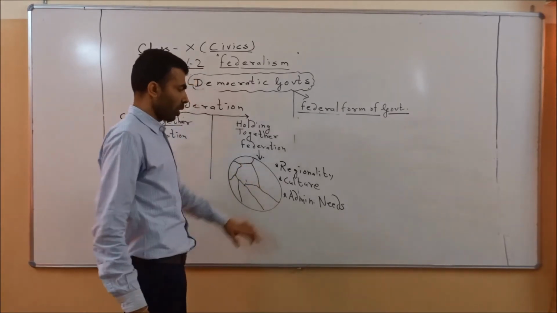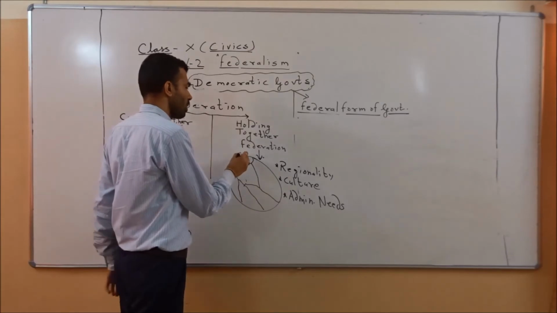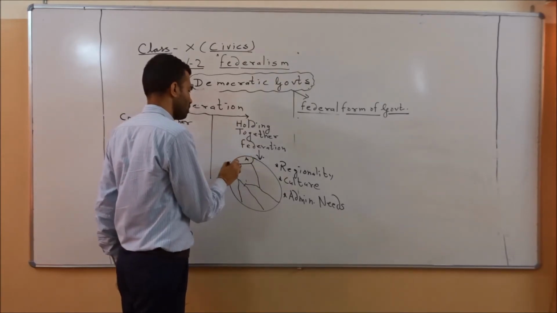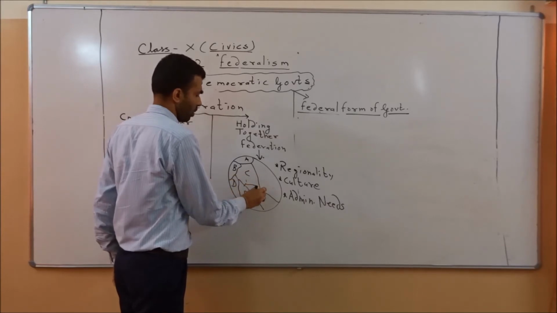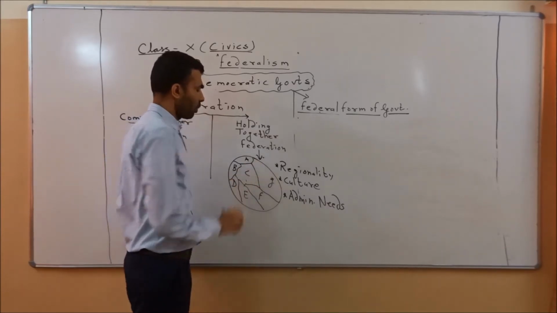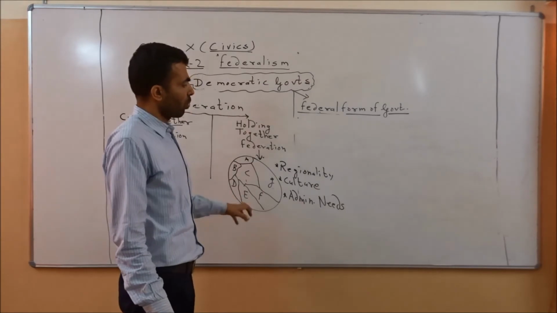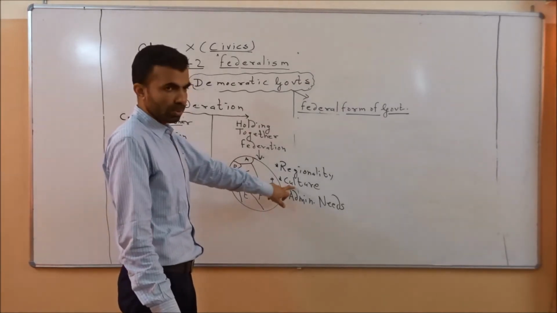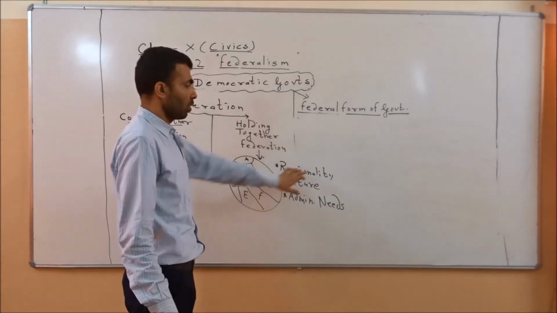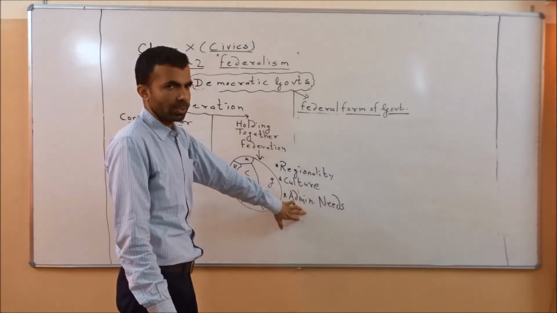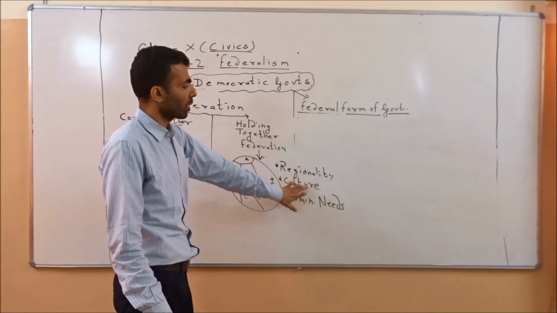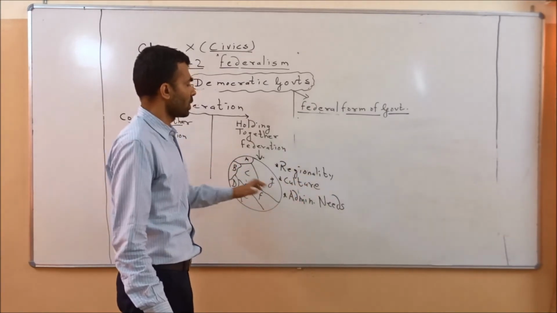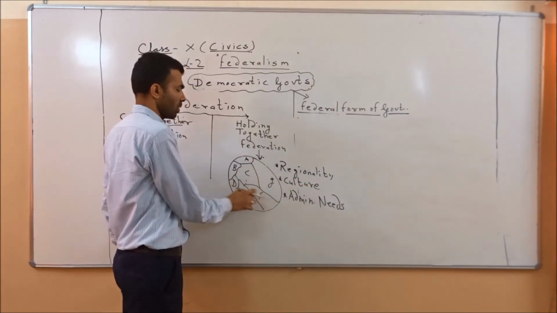A bigger nation has divided itself into smaller states. Why has it done so? Because it wants to accommodate culture, language, regionality, or admin needs. So keeping these factors in mind, a bigger nation divides itself into a number of smaller states.